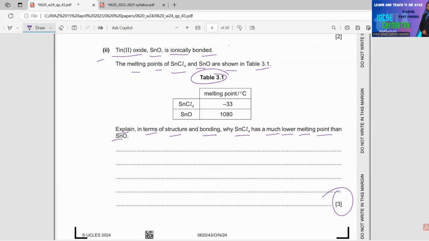So you can write statements either for SnCl4 or SnO2, then compare the forces between these two.